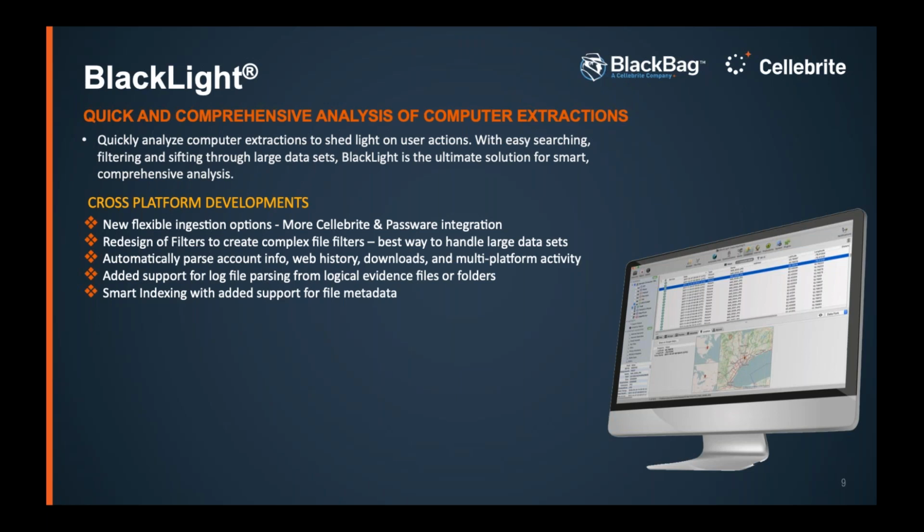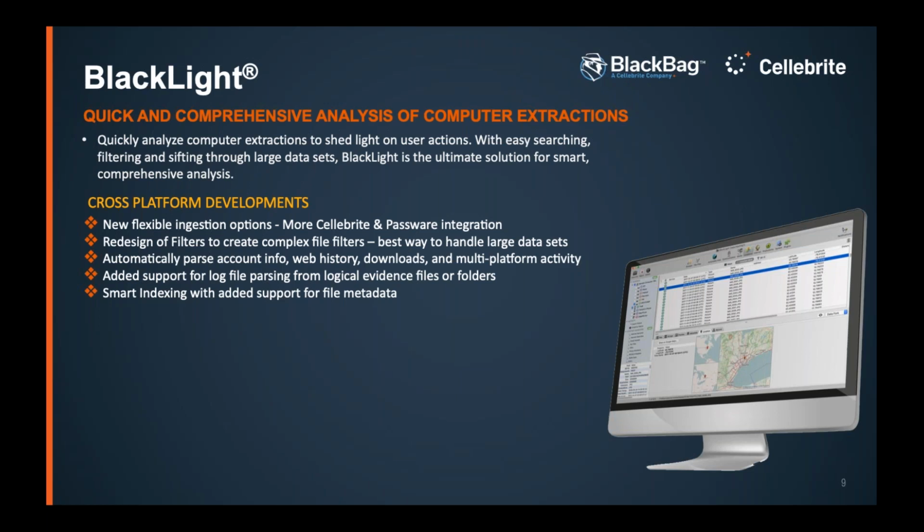We've made some improvements to our automatic parsing of items such as account information, downloads, cross-platform activity, system activity, and file system activity. We're going to look at that shortly when we go live with the demonstration. We've also added extra support for log file parsing and the ability to deal with logical evidence files or folders directly within Blacklight.